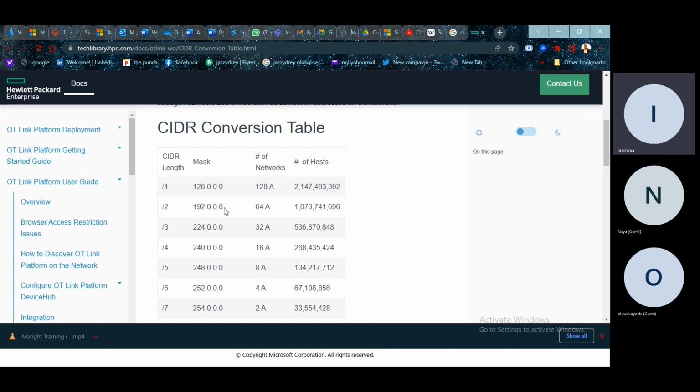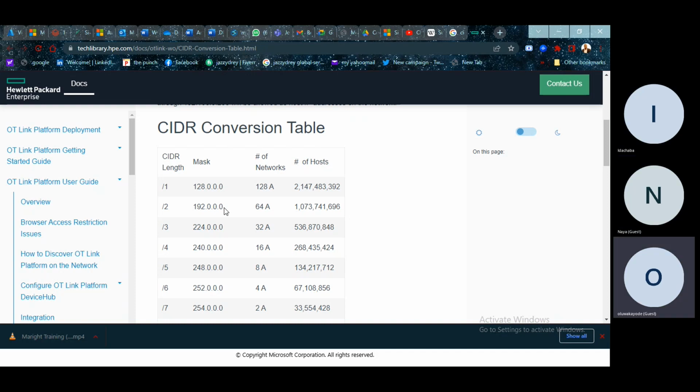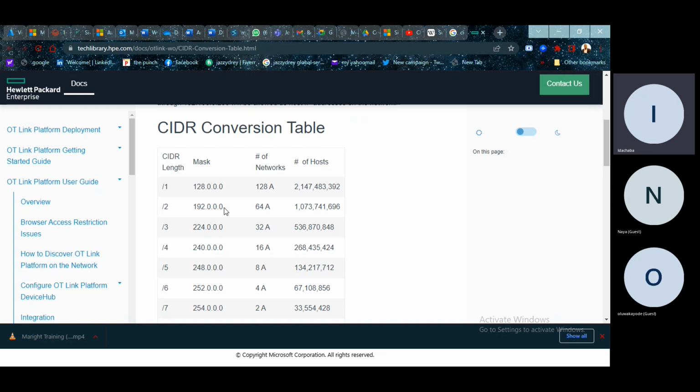Now there's also a private IP address. A private IP address can be 192 dot, for example.